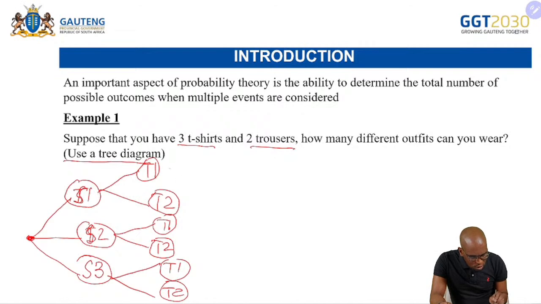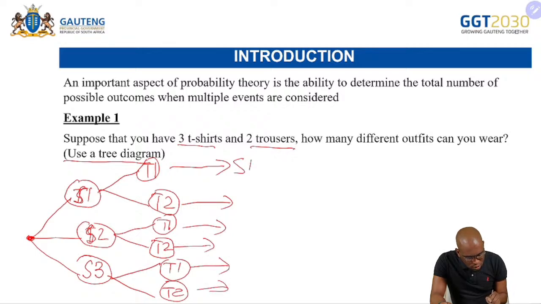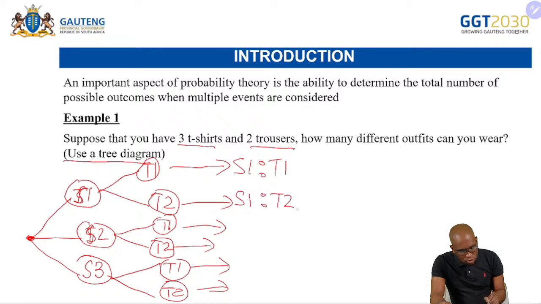But obviously our tree diagram will have outcomes. The first outcome here would be t-shirt 1 with trouser 1, or t-shirt 1 with trouser 2. As we go on, we see that we can wear t-shirt 2 with trouser 1 or t-shirt 2 with trouser 2.